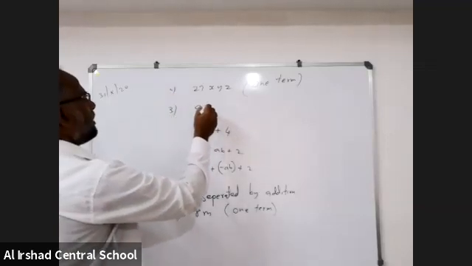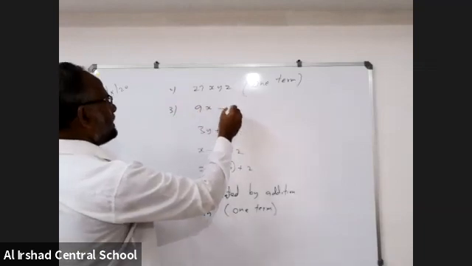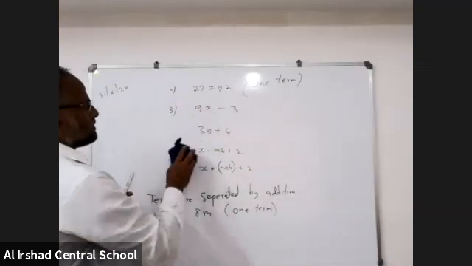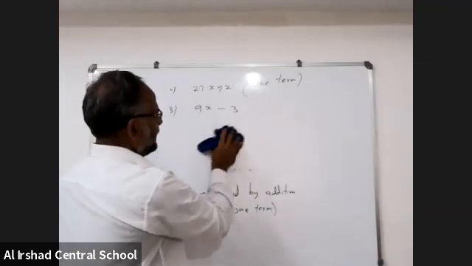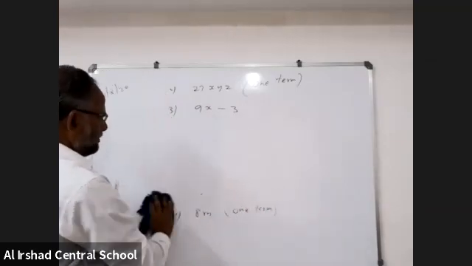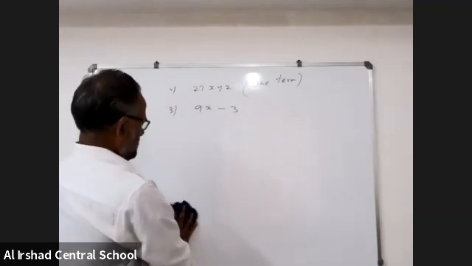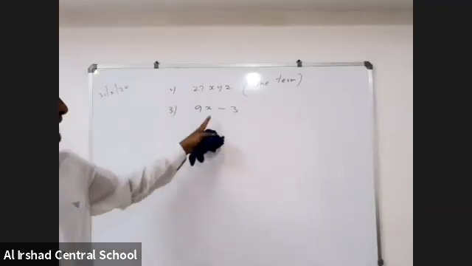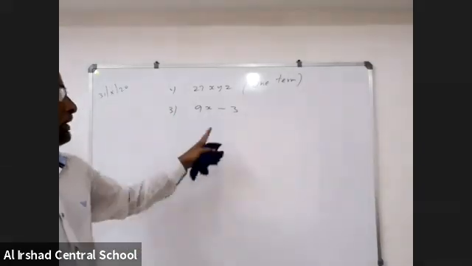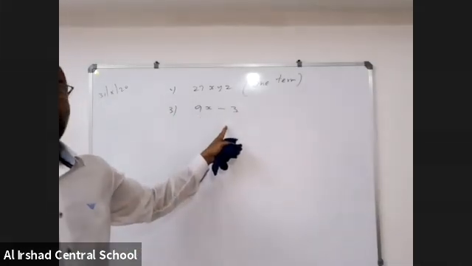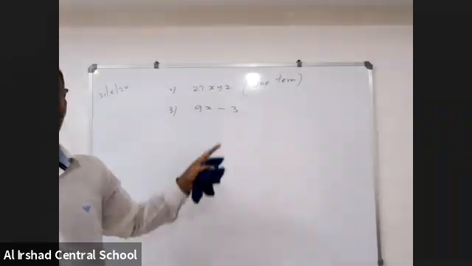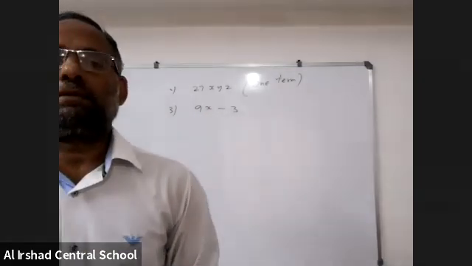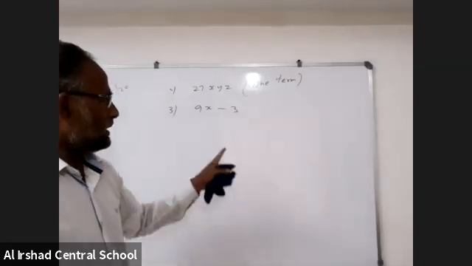Third one: 9x minus 3. 9 into x minus 3, ഏതൊക്കെയാണ് ഇതിലെ terms? Which are the terms here? It is two terms, a binomial. Which are the terms? 9x and 3.